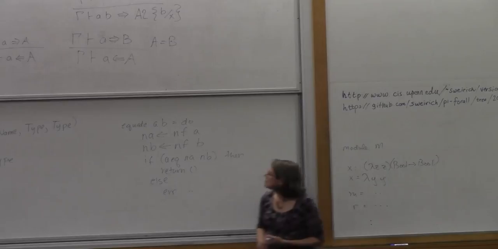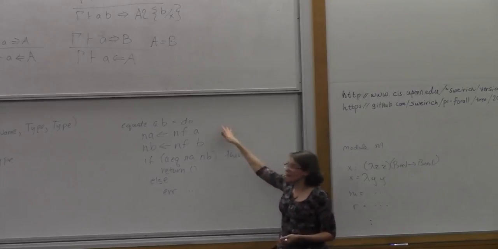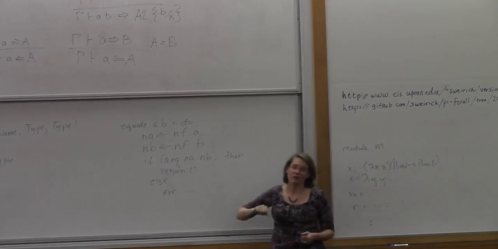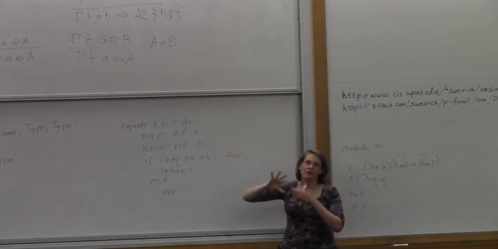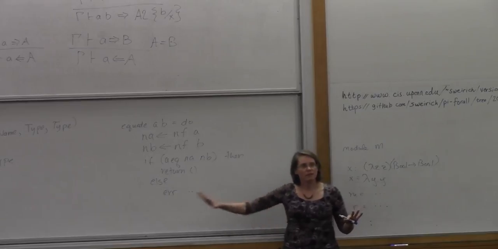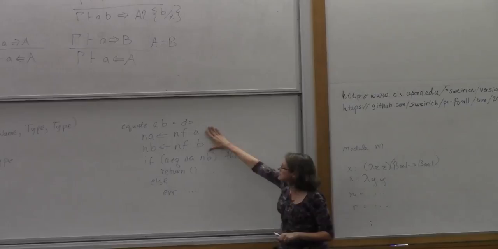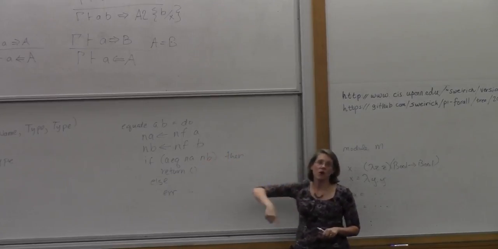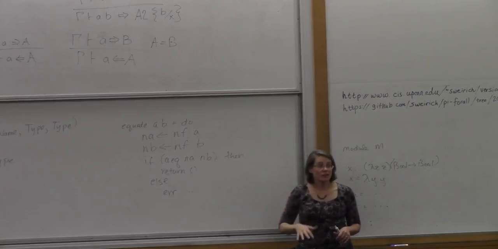Now, if we were implementing this in OCaml, for example, and didn't have Haskell's laziness, we would also want to think about how to interleave the equality checking with the normalization, instead of doing all the normalization at once and then checking for equality. That's what the code in the module equal.hs does.